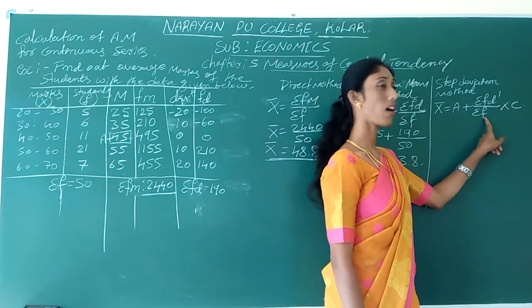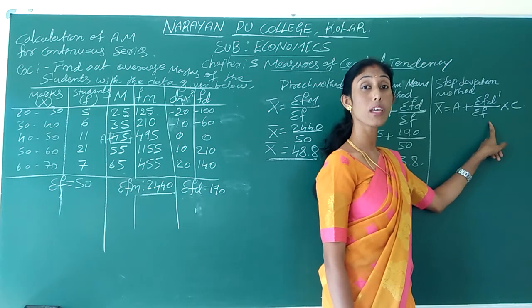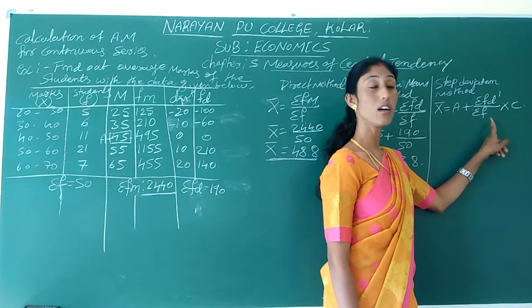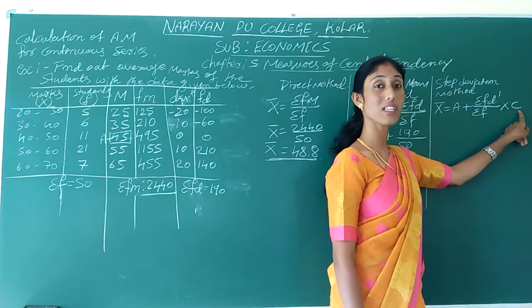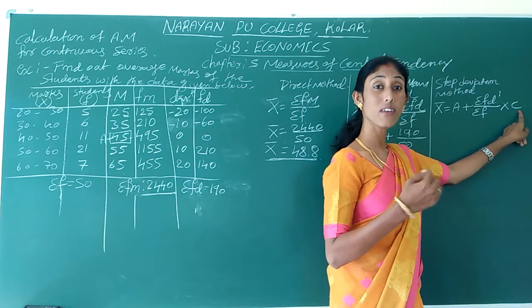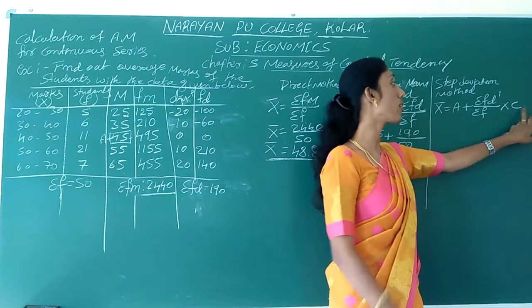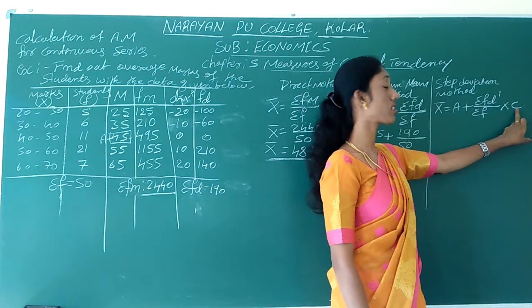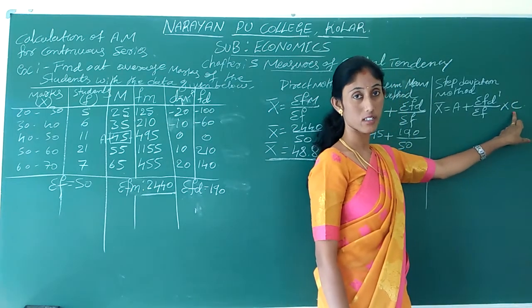And sigma f means the sum of the frequencies, into c, the common factor. Whichever common factor we have taken to divide the deviation values, that value should be written down here.